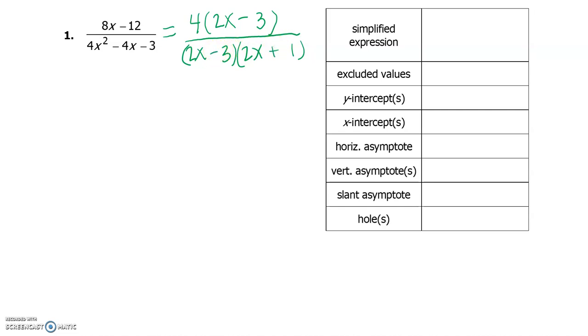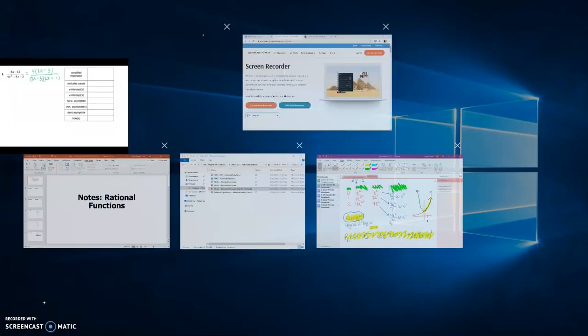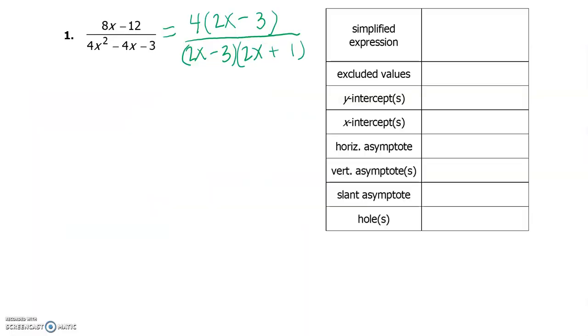So you have to be able to factor these. And any of the factoring methods you've learned can definitely show up when you're looking at these problems. So if I'm looking at this one, I do notice that the 2x minus 3's cancel. And so my simplified expression is 4 over 2x plus 1.